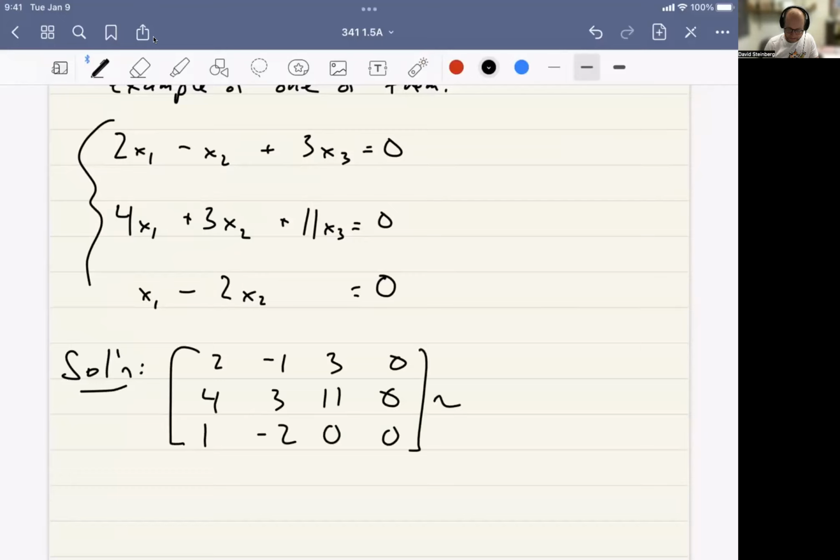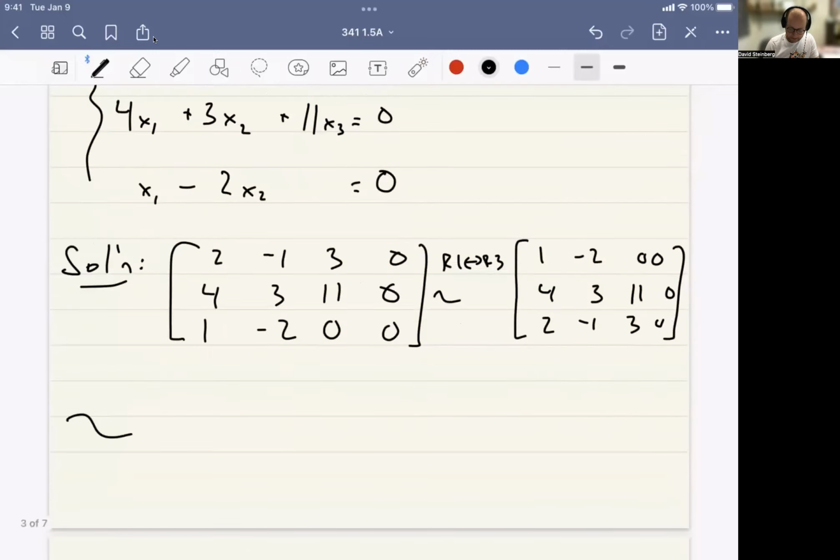What should we do? Let's swap row 1 and row 3 to get that 1 in the top slot. So 1, -2, 0, 0; 4, 3, 11, 0; 2, -1, 3, 0. Next, let's use the 1 in the top left to get zeros beneath it.